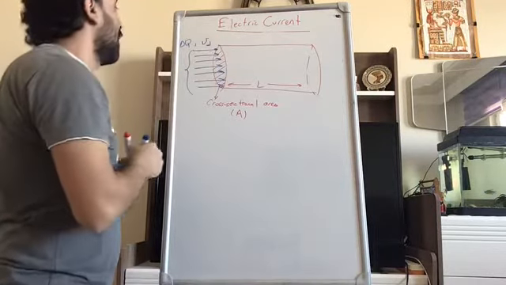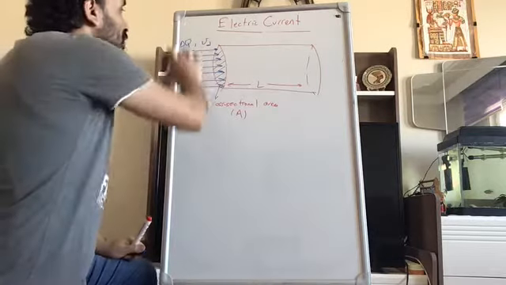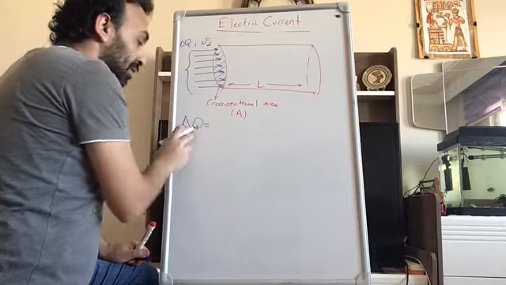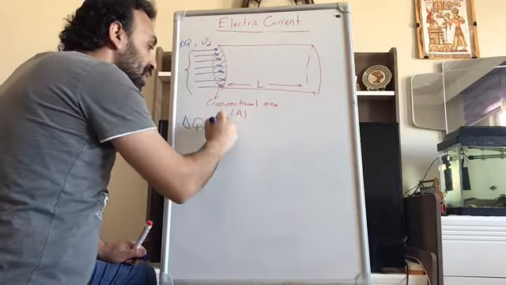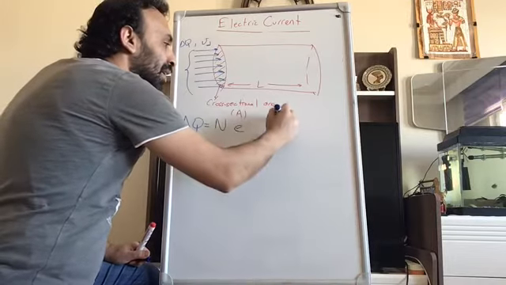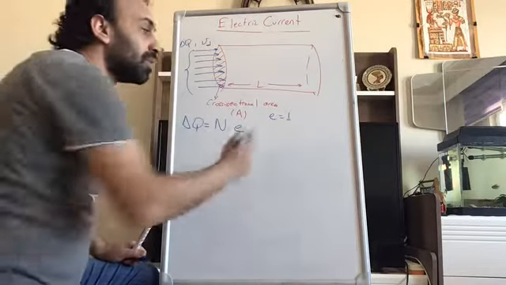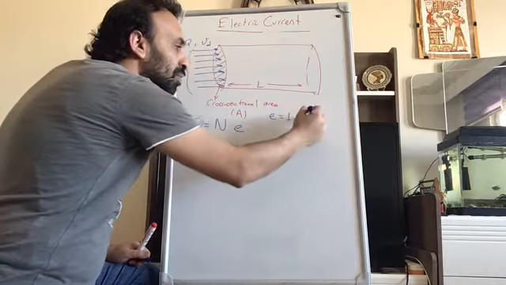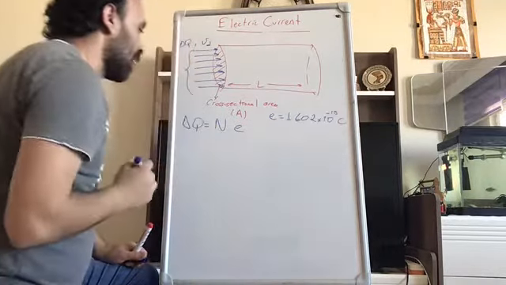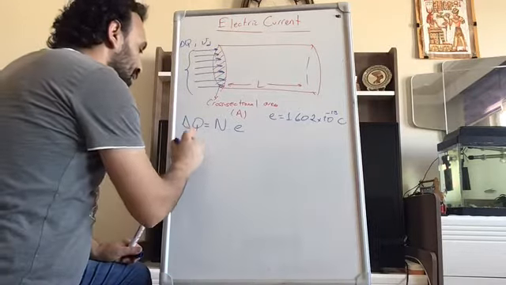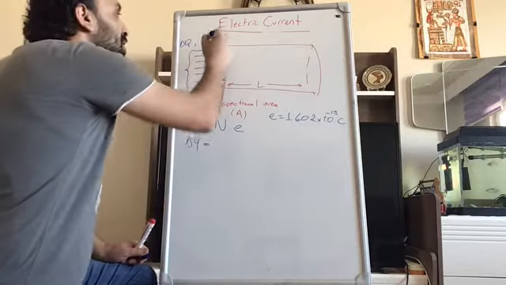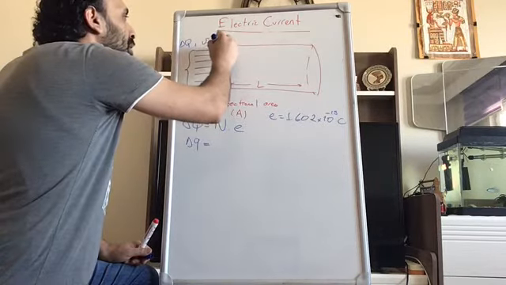Okay, and if the total charge is delta Q, I can write delta Q in terms of the number of electrons n times their charge e. And remember, e is the smallest charge you can observe in nature, which is equal to 1.602 times 10 to the minus 19 coulomb. Alright, but let's assume that now delta Q is the number of charges per unit volume.